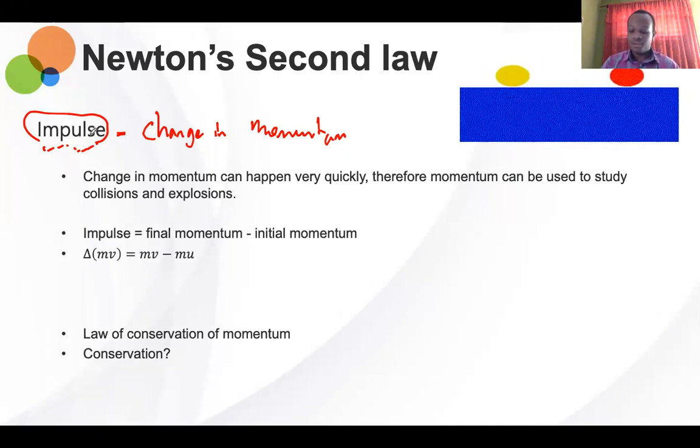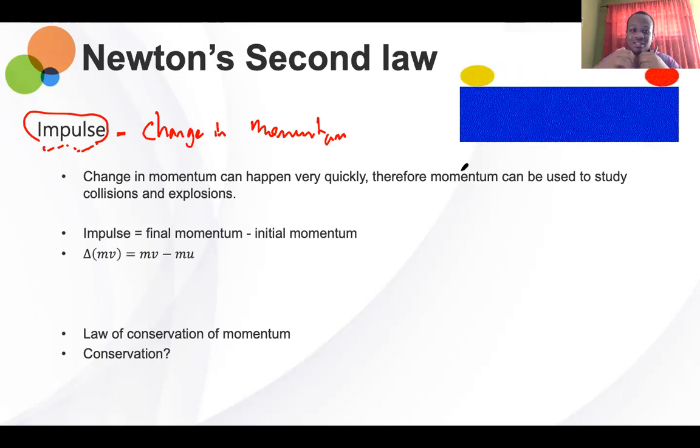So impulse can happen very quickly. Realize in a collision it happens very quickly, in the space of a second. You have two objects coming together and just colliding. That change happens so quickly and it is so impacting because we have two large bodies coming together at full speed, and the momentum changes on both bodies.